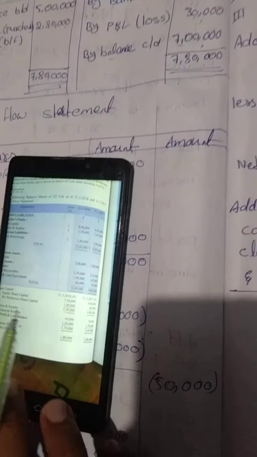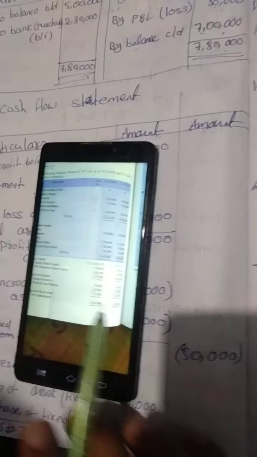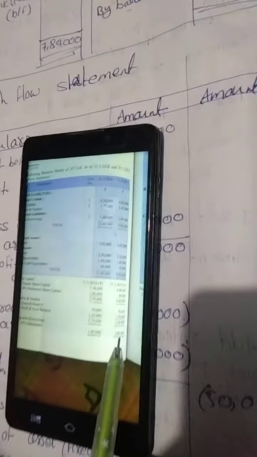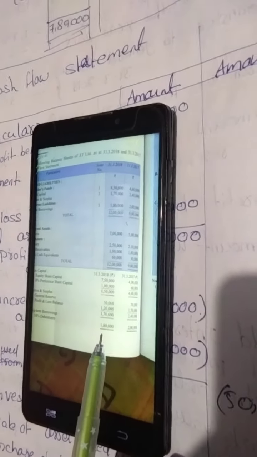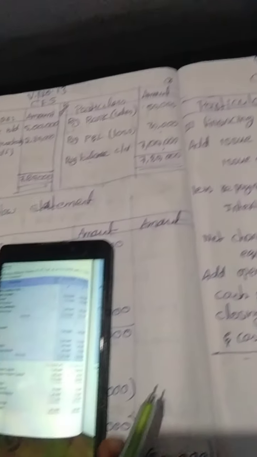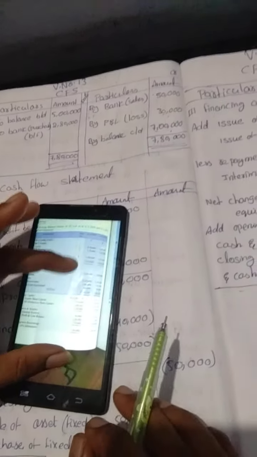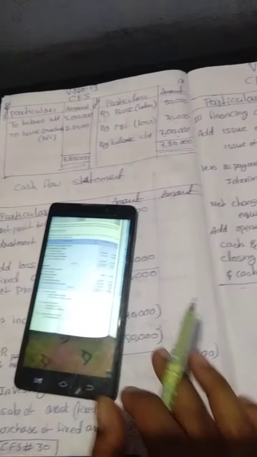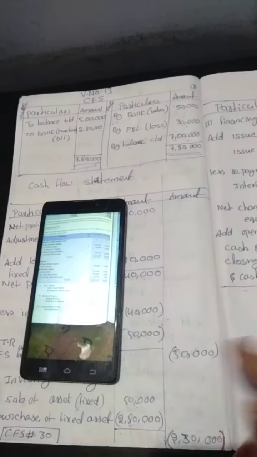In note number 3, it is given that 10% debentures were 2 lakh in the previous year and 1,80,000 in the current year. That means we repaid some amount. The question gives no additional information about interest, so we assume it is included, and directly mention the repayment amount, 20,000.